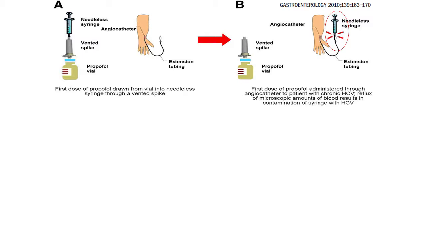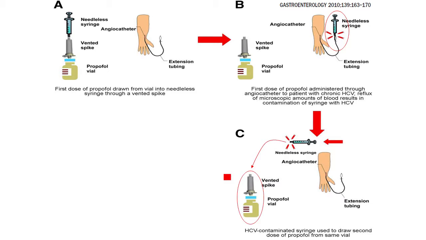So this shows the mechanism through which a single dose vial can become contaminated. The first dose of propofol is drawn from the vial into a needleless syringe through a vented spike. This dose is administered through an angiocatheter to a patient with chronic hepatitis C. The reflux of minuscule amounts of blood results in contamination of the syringe with hepatitis C. This HCV-contaminated syringe with a new needle is then used to draw a second dose of medicine from the same vial of propofol.